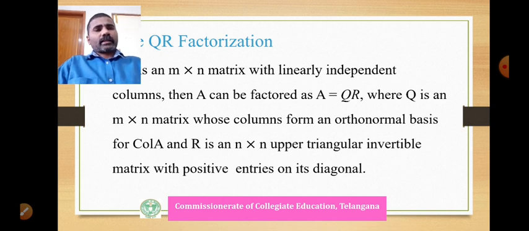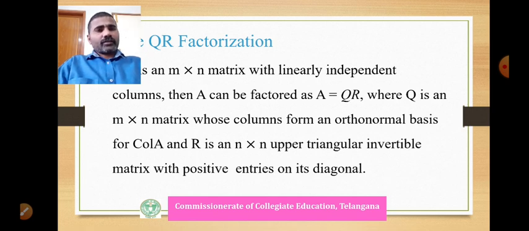Then A can be factorized as A equals QR, where Q is the m by n matrix whose columns are an orthonormal basis for column A, and R is an upper triangular invertible matrix with positive entries in its diagonal. So diagonal elements are all positive. They are never zero. If they are zero, it is not an invertible matrix, it is a singular matrix.